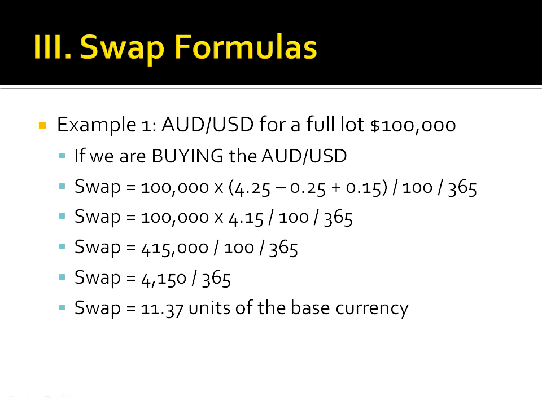And we'll throw in some numbers into those equations. Example, the Australian dollar, US dollar. Now this is to figure out what you're going to get paid per day. So if you're trading a full lot, which is $100,000, and you're buying the Australian dollar, US dollar, the swap is going to equal the contract size, $100,000, times, now we work out what's in the brackets, 4.25 minus 0.25 gives you 4, plus 0.15, which is the broker, gives you 4.15, divided by 100, divided by 365.